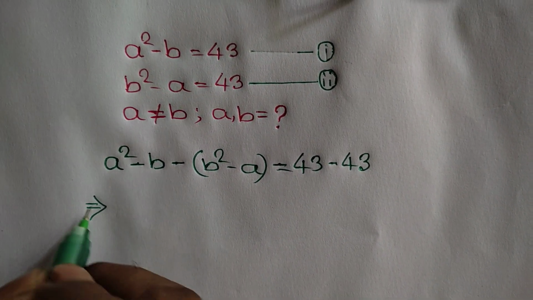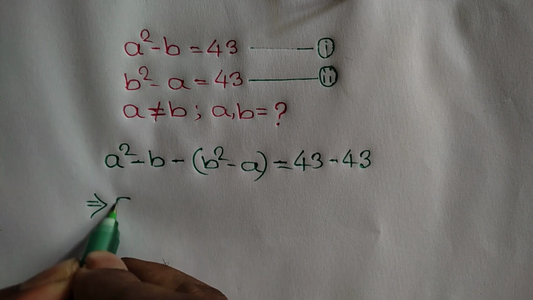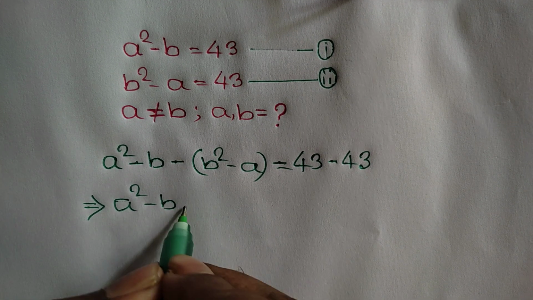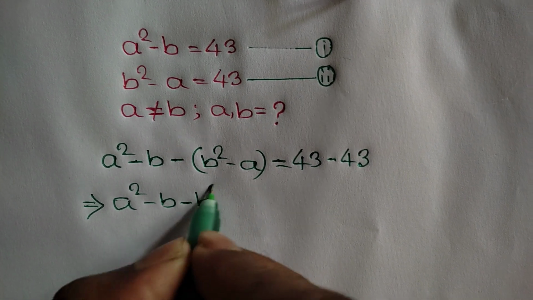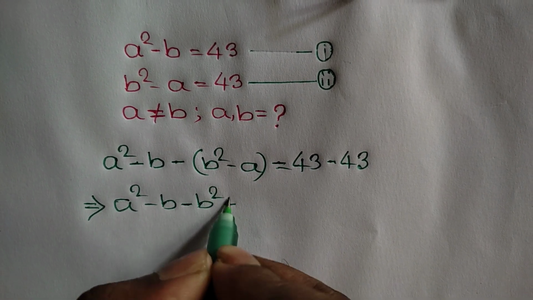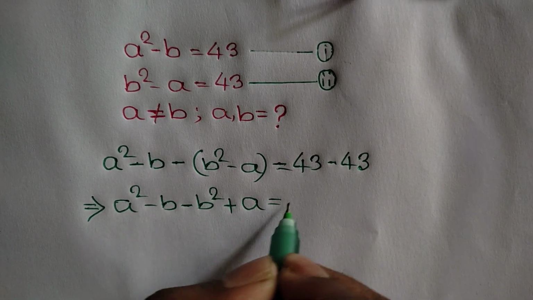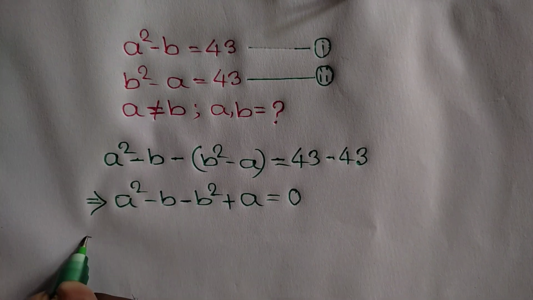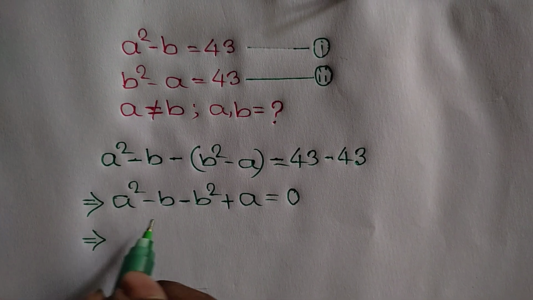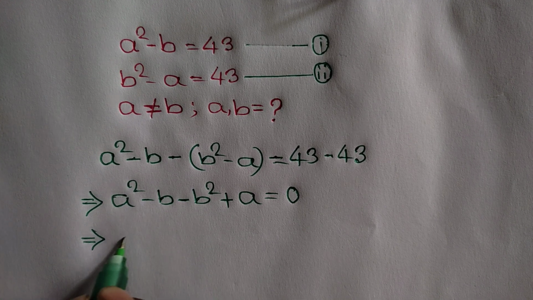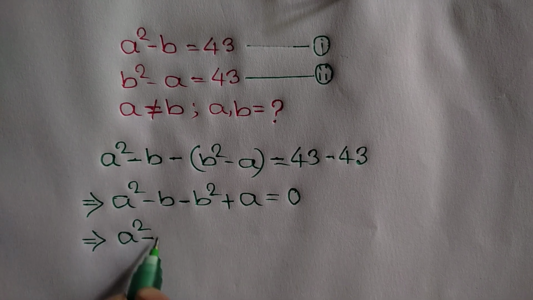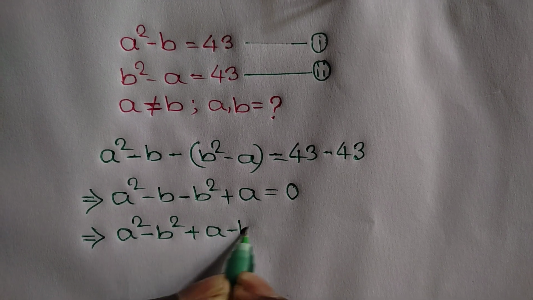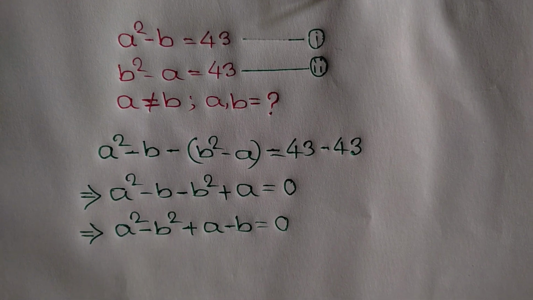Simplifying, we can write here a square minus b square, and minus times minus, it will be plus a, is equal to 43 minus 43 is equal to 0. Rearranging the left side, we can write a square minus b square plus a minus b is equal to 0.